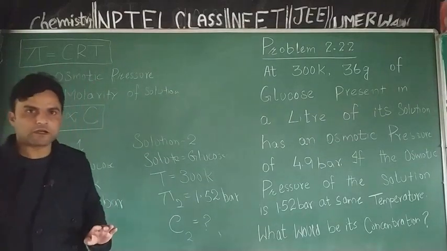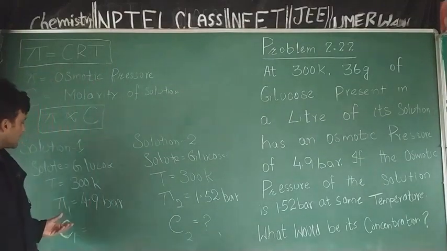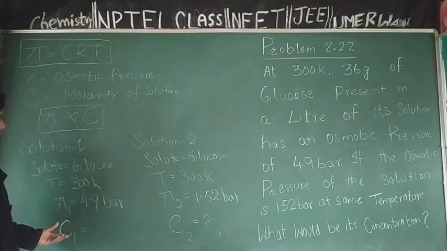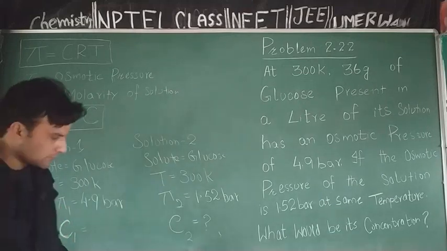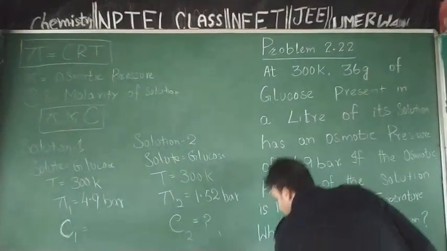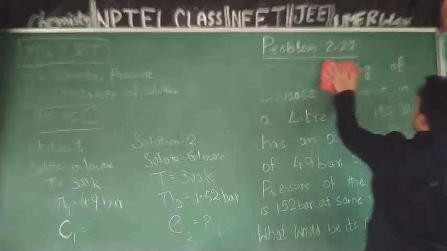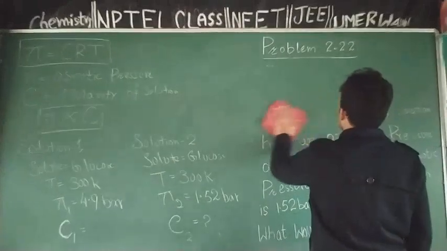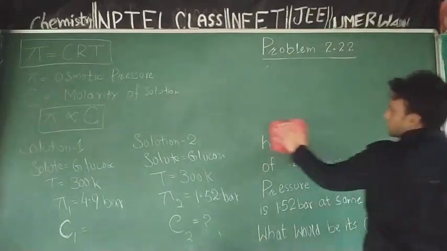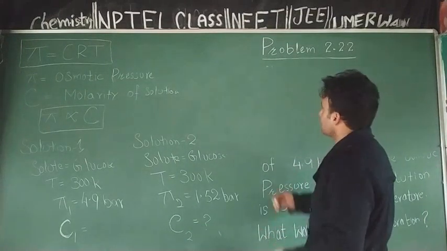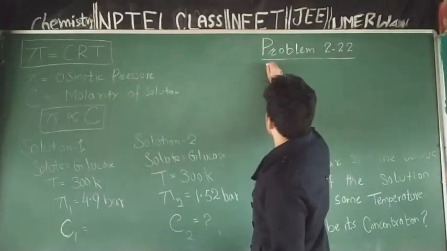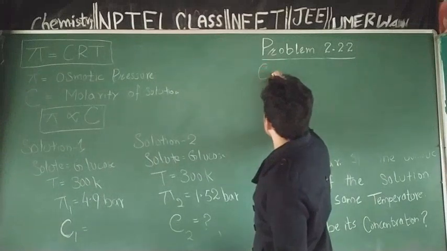So first idea is that I will calculate molarity of solution of glucose when 36 grams of glucose are present in 1 liter of solution. I will calculate molarity C1.